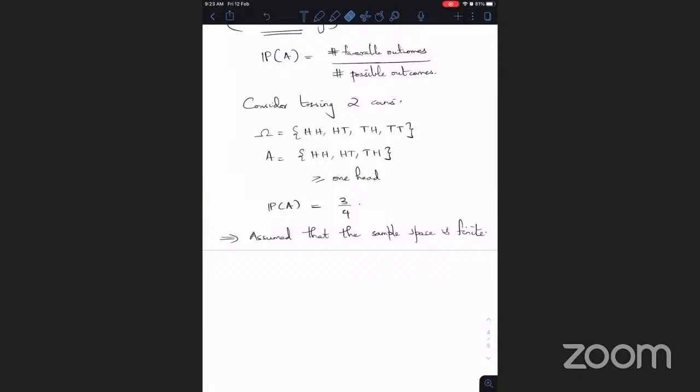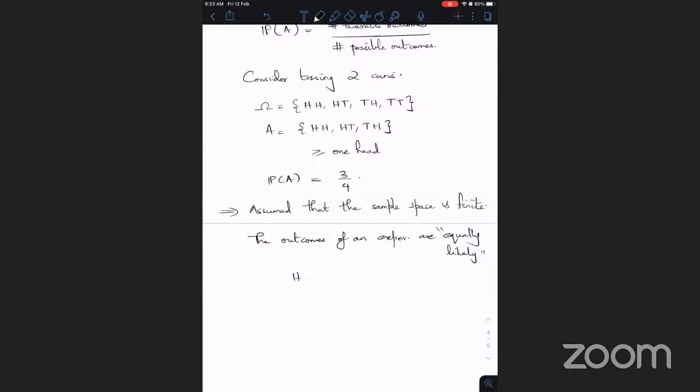And one other strong assumption that we have made is that the outcomes of an experiment are equally likely. What does this mean? Equally likely means that each of these events happen with equal probability.